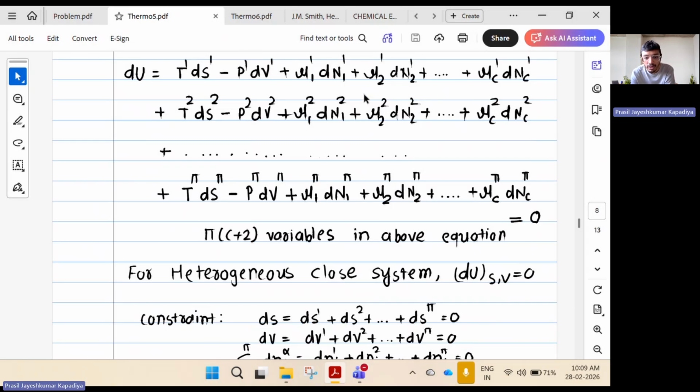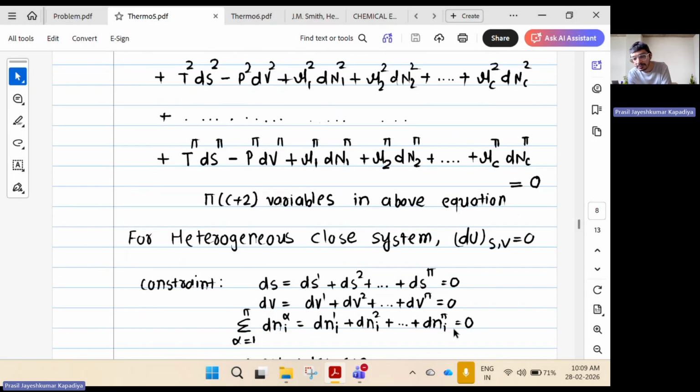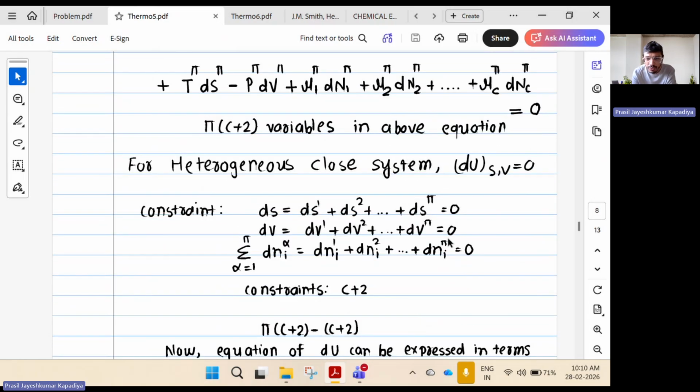So I am writing dn1 in phase 1 plus dn1 in phase 2 plus dn1 in phase pi equal to 0. This relation can be written for each of the C components, so we have C plus 2 constraints in total.